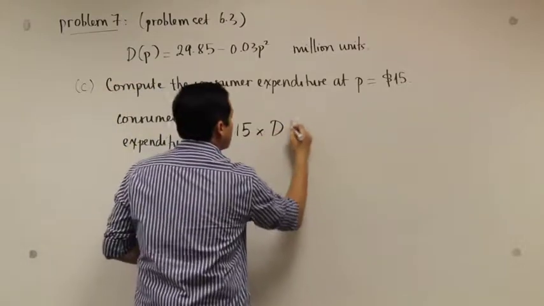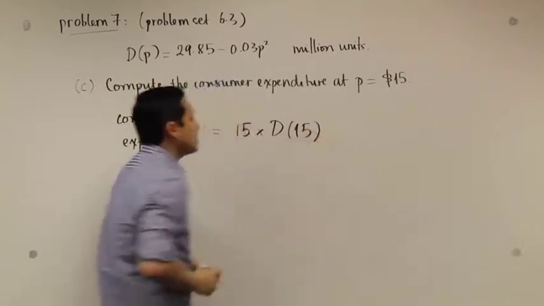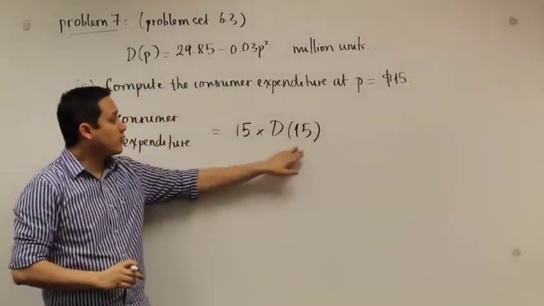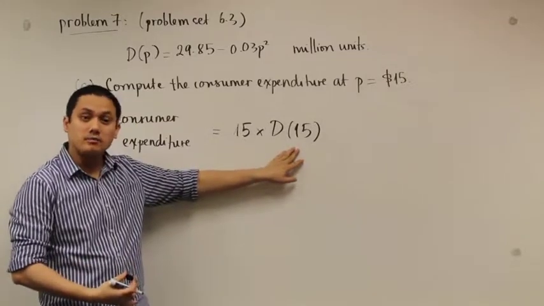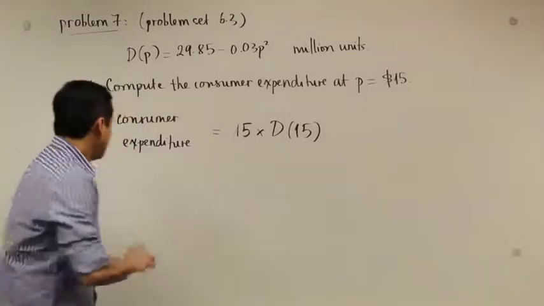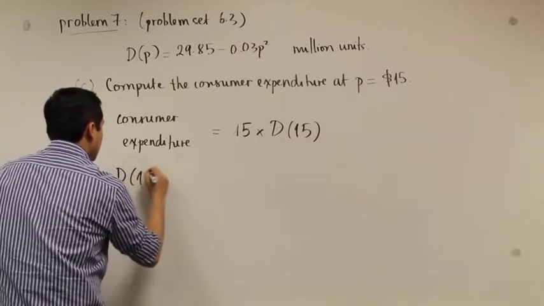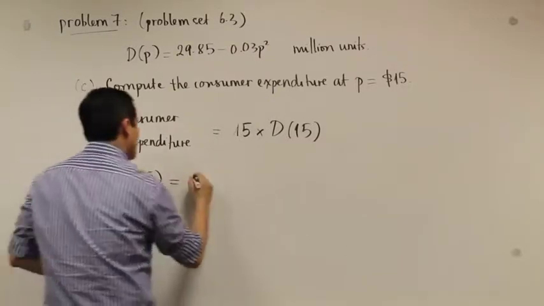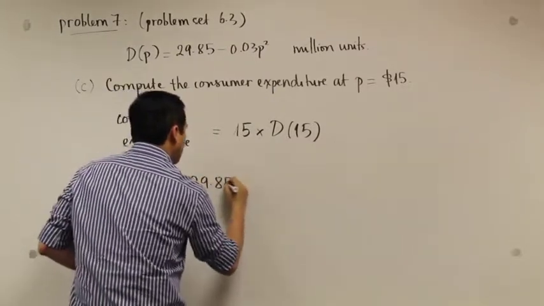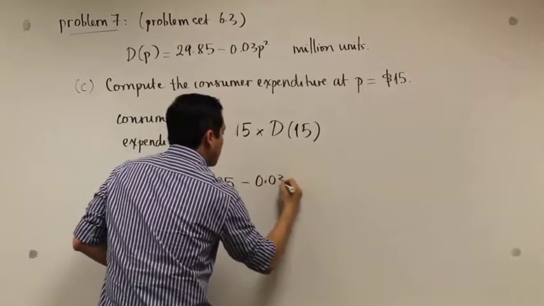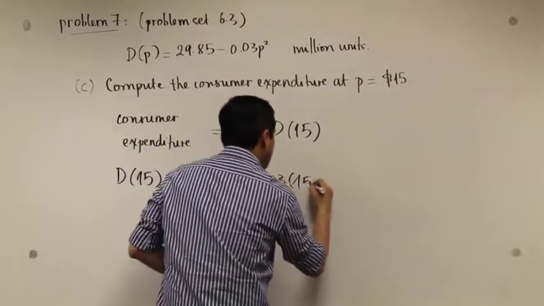That is D of 15. So we need to calculate this value, D of 15, and you know how to do that.